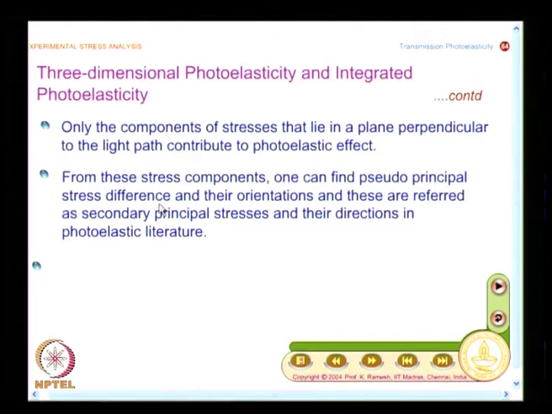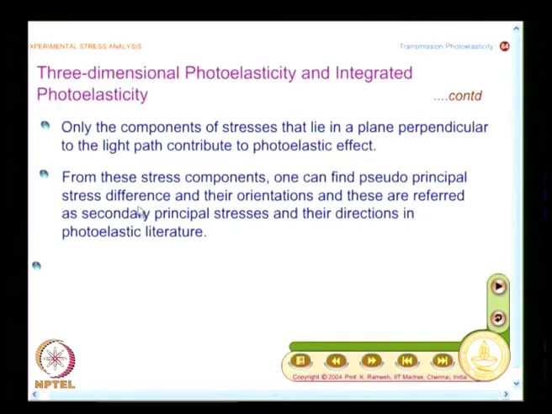because you will have a stress tensor in general, a 3 by 3 matrix, and you will have to evaluate depending on the direction of the light. So, light path is also very important, and we should find out stress components perpendicular to the light path. And from a solid mechanics point of view, you will have at the point of interest principal stresses and their orientation. Those definitions change when we want to apply photoelasticity.